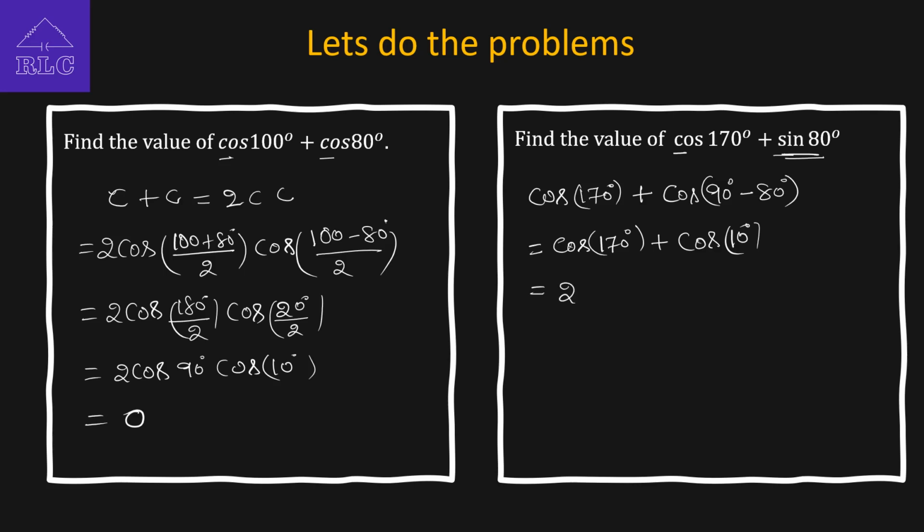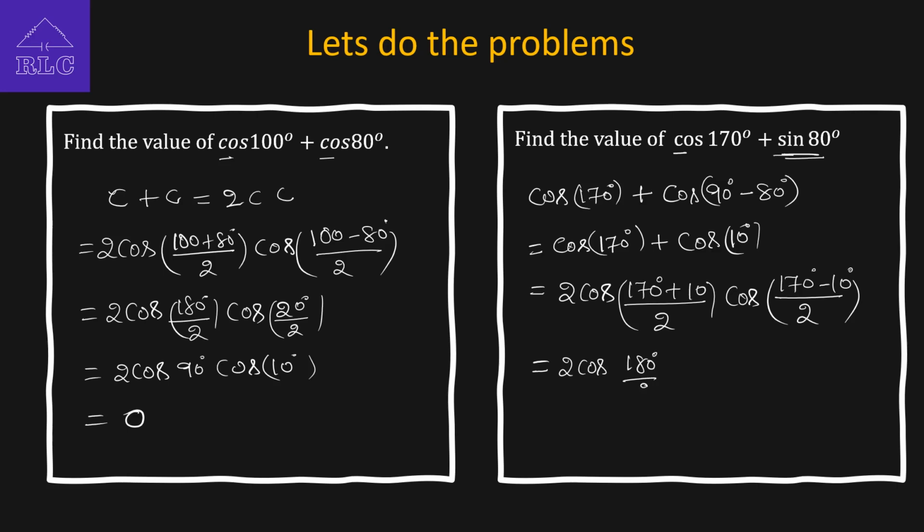So this equals 2 cos((170+10)/2) cos((170−10)/2), which equals 2 cos(180/2) cos(160/2). That is 2 cos 90 degrees cos 80 degrees, which results as 0, since cos 90 is 0.